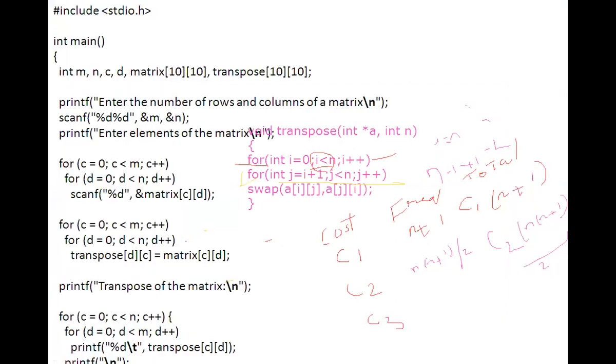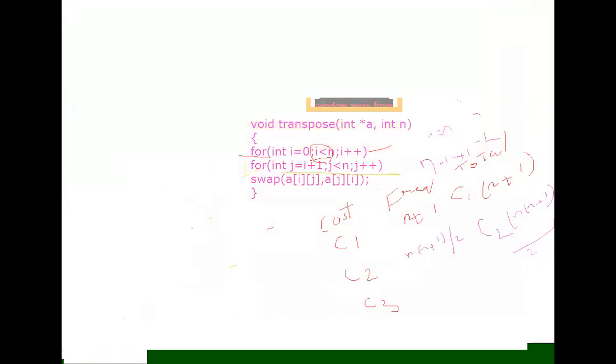Now we consider the transpose of the matrix.